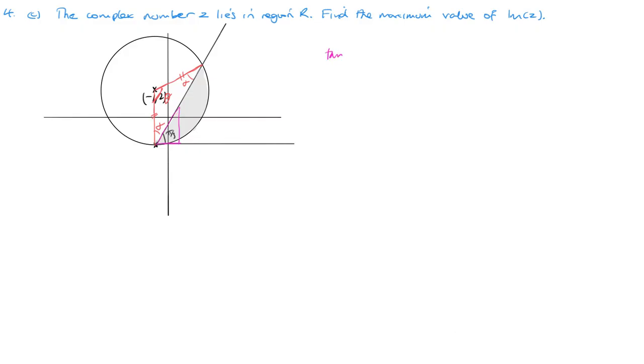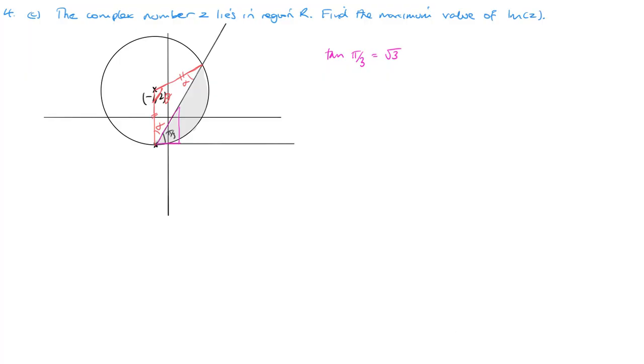So tan of pi by 3 is root 3. So the gradient is going to be root 3 because tan is opposite over adjacent. So this is the same as root 3 over 1 or just simply root 3. Okay, so that's going to give me my gradient.